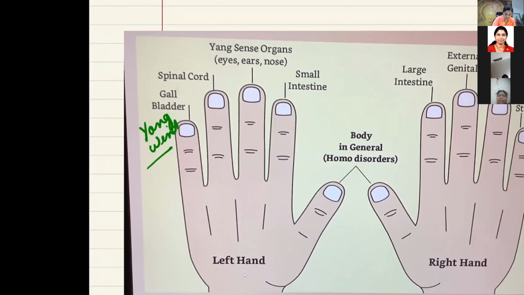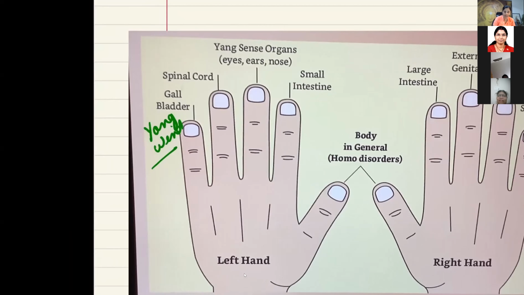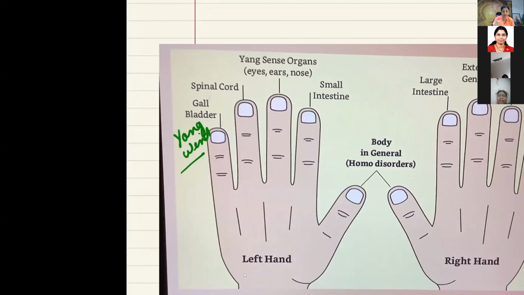This is a very big subject, but we will try to squeeze some important points for this session. And this is yang hotness, so all hotness related diseases. And here, small intestine, yang heat.